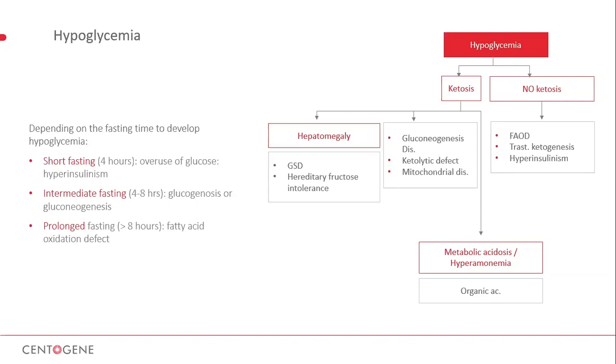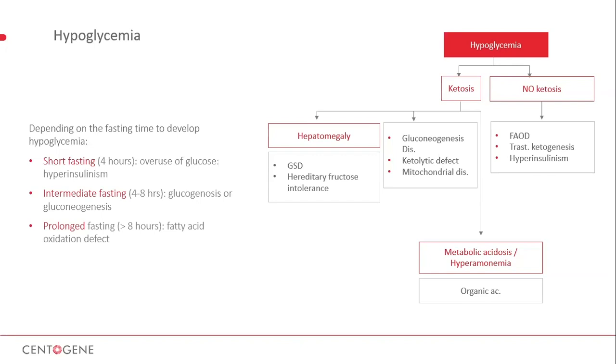And here we can get the clue that maybe we are facing a fatty acid oxidation disorder. Also, hyperinsulinism is related with hypoglycemia with no ketosis, as insulin also represses fatty acid oxidation.